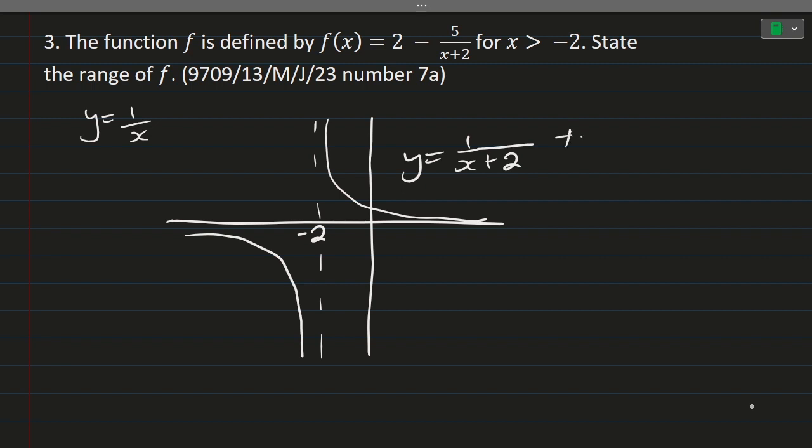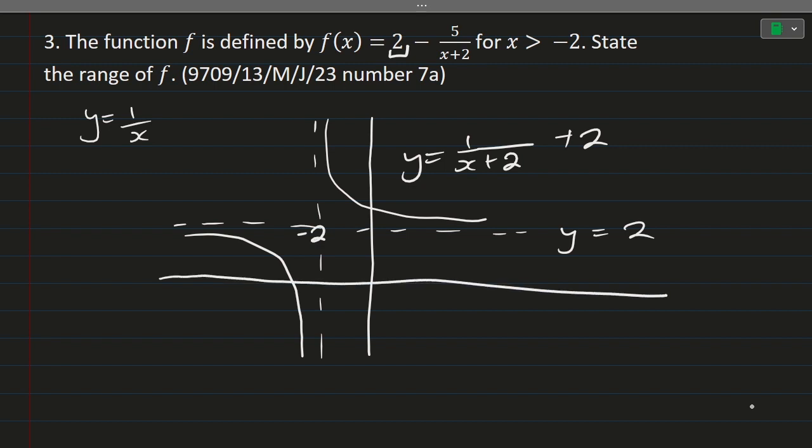You notice that we also have plus 2, which means we're shifting our graph upwards by 2 units. So this line here would become the line y equals 2, and our x-axis would be somewhere here.